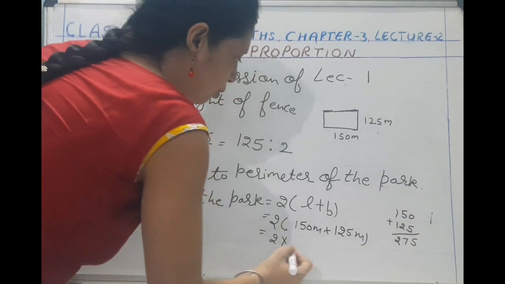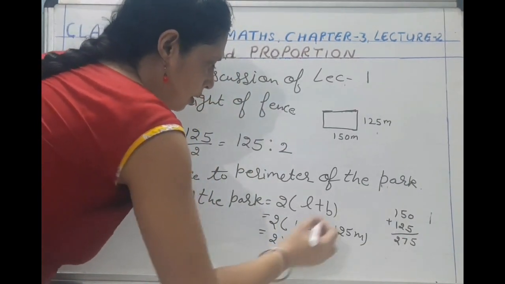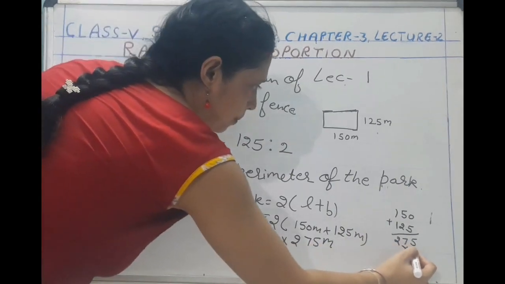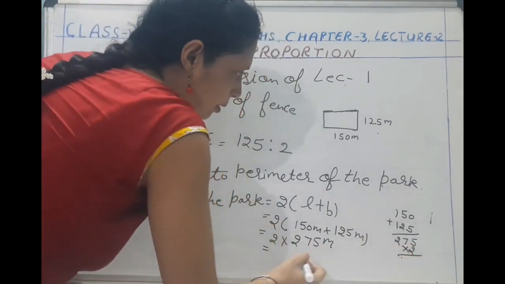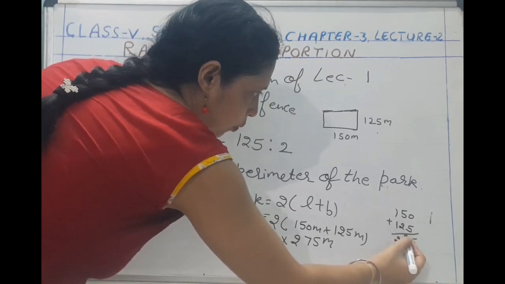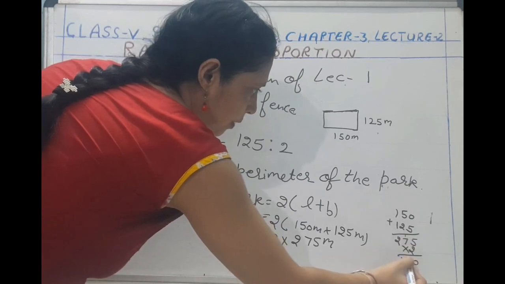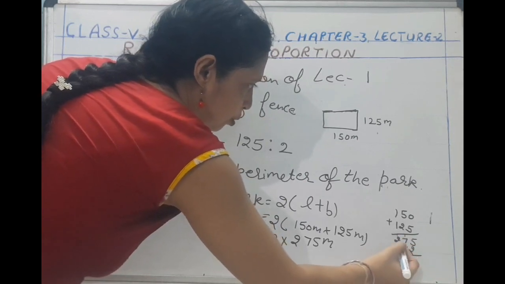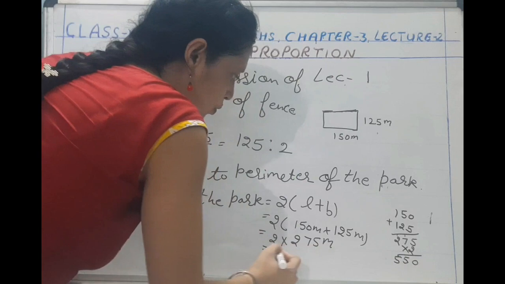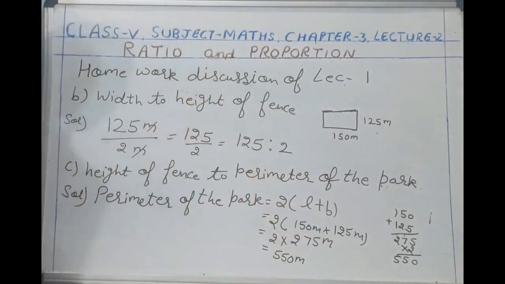So 2 into 275 meter. Multiply it with 2. 5 2s are 10. 2 7s are 14. 14 plus 1, 15. 2 2s are 4 plus 1, 5. So 550 meter. So this is the perimeter of the park.